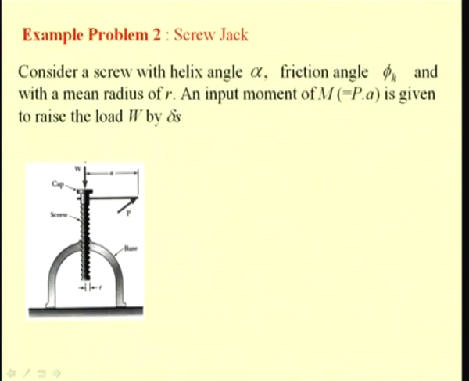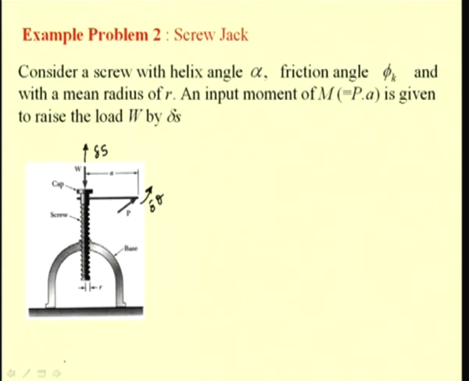So, let us consider that this weight is being raised by a distance of delta s when this moment M acts through an angular displacement of delta theta. Now we are interested in finding the efficiency of this screw jack in raising this load when this force P is applied on this lever arm.